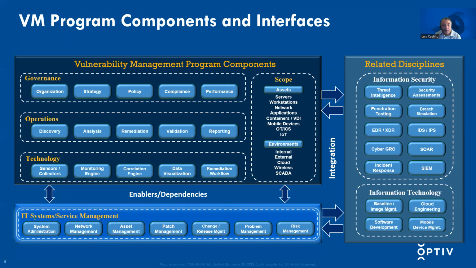If an organization has deficiencies in any of those areas, it can and will impact the organization's ability to run a successful VM program. For example, if you don't have system or application administrators that can remediate or mitigate the vulnerabilities that are found, that's going to be a problem.